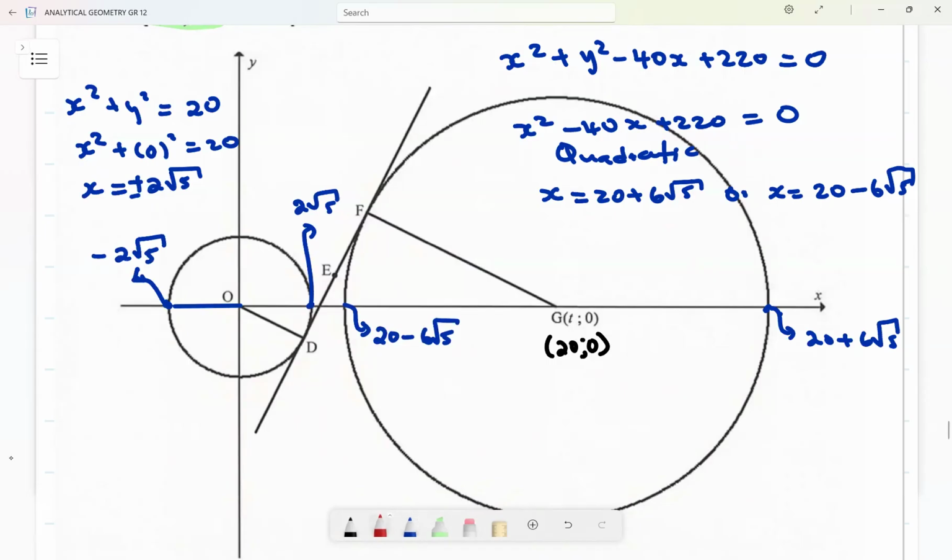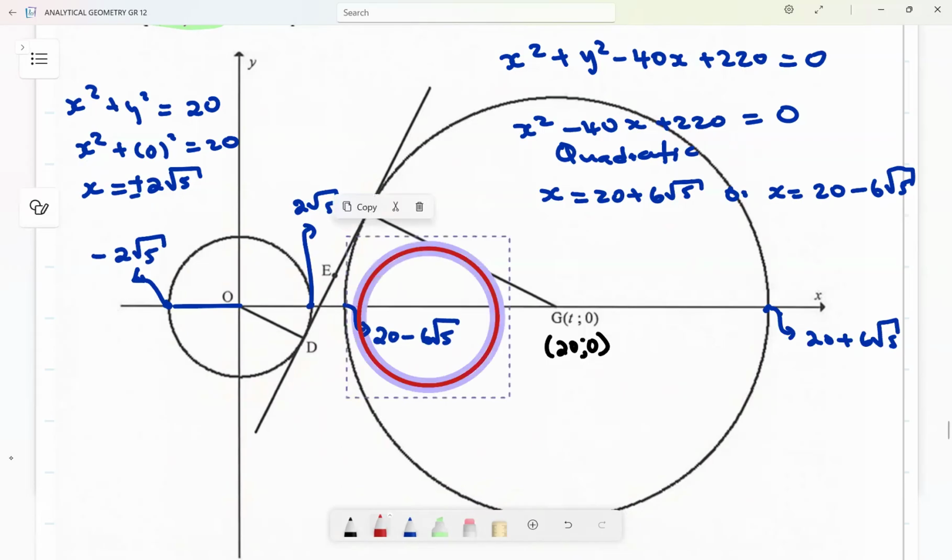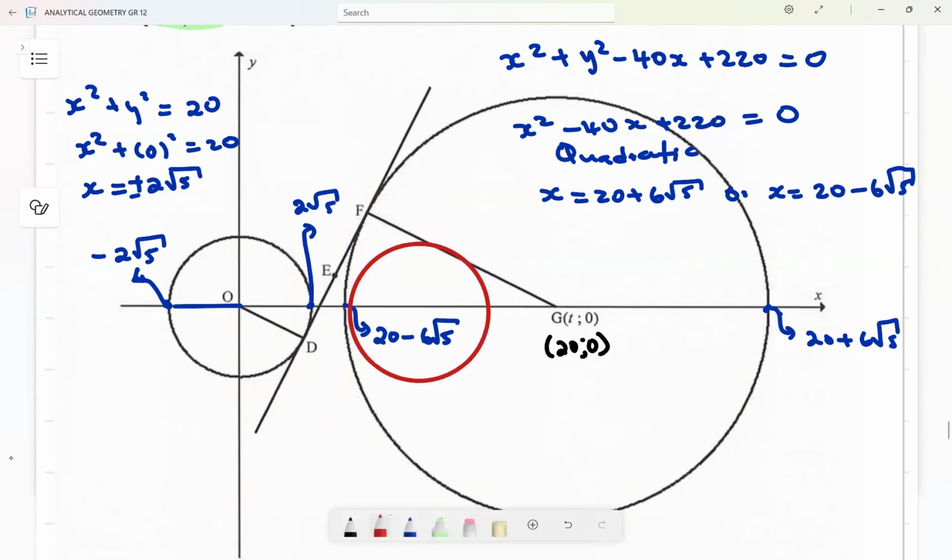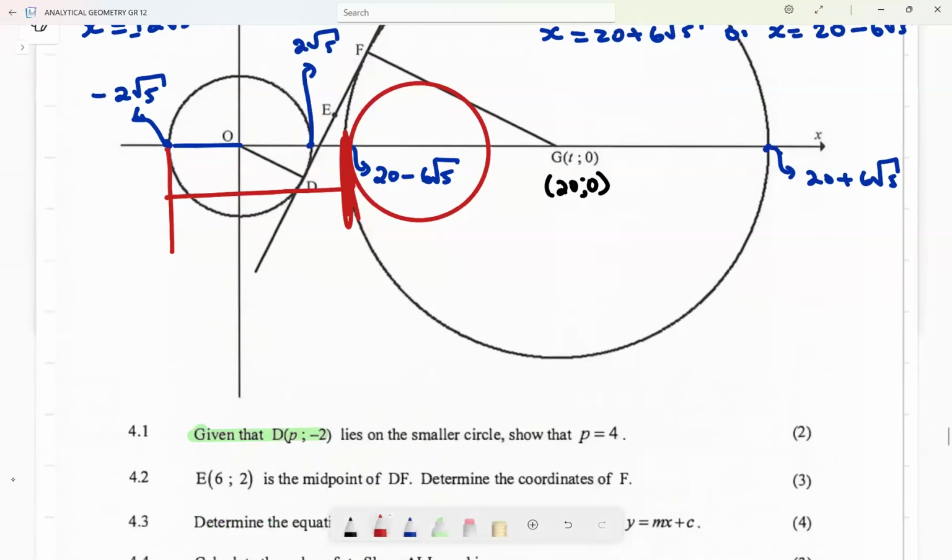So now you still remember the question I asked you: how can I take this point here such that it comes here? What is the distance between this one and this one? The first distance that I might come across is k. K can be 20 minus 6 root 5 minus 2 root 5.